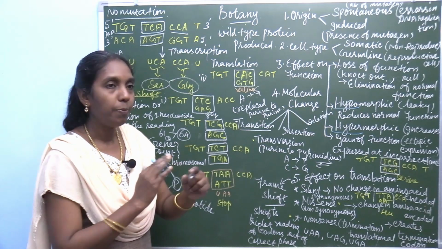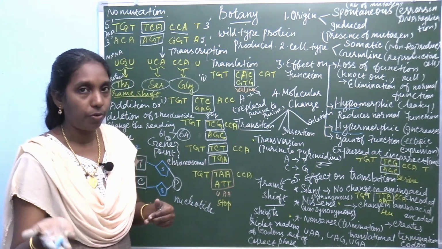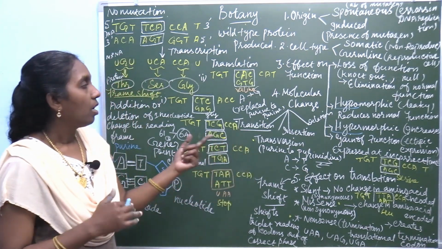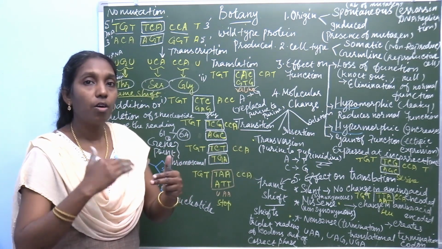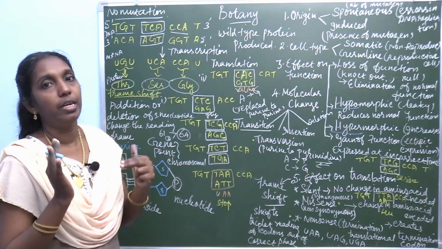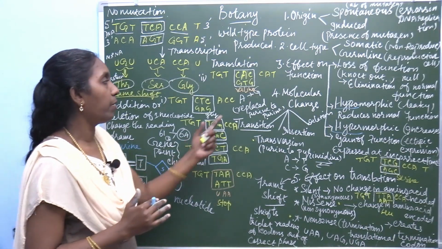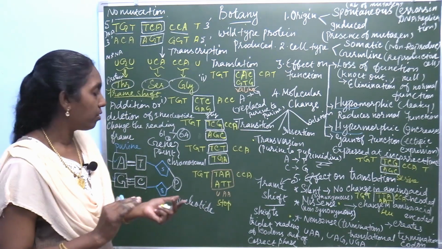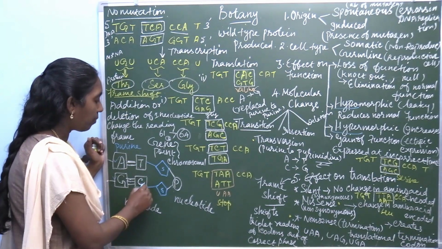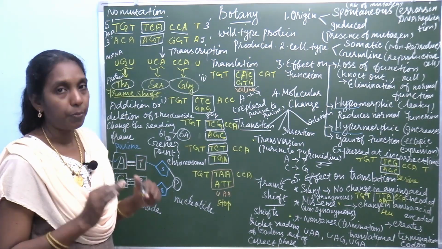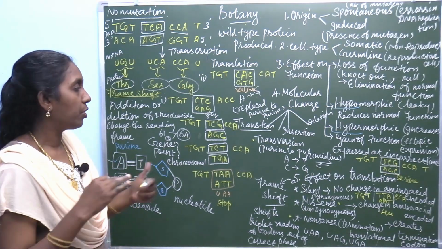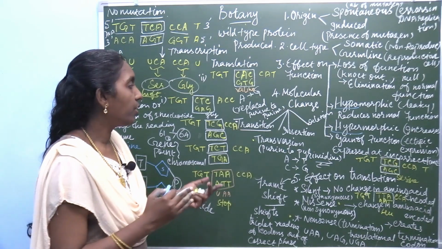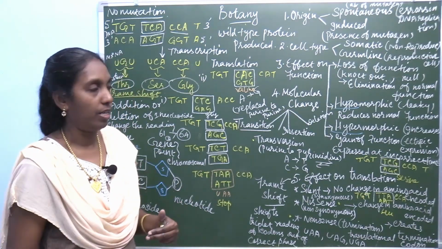Transition is replacement of purine with purine. Transversion is replacement of purine with pyrimidine. First remember what purine and pyrimidine are: adenine and guanine are purines, thymine and cytosine are pyrimidines. So there are two different types, transition and transversion.